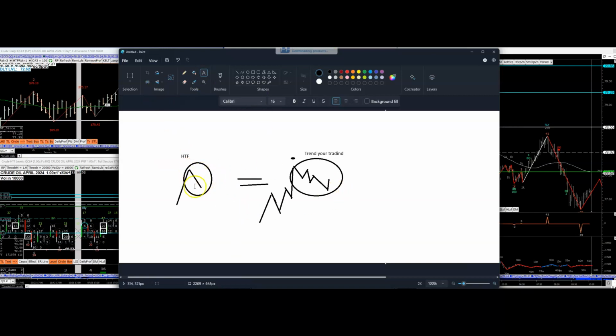This is the second thing I wanted to point out: the trends within pullbacks. Is the trend that you're trading part of a pullback or is it part of the impulse? So you have to know that.